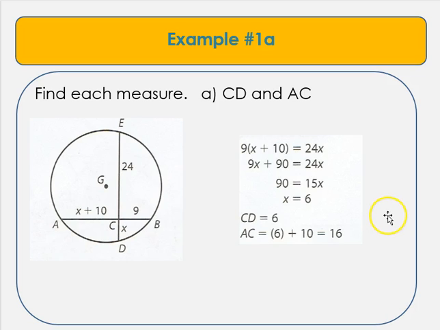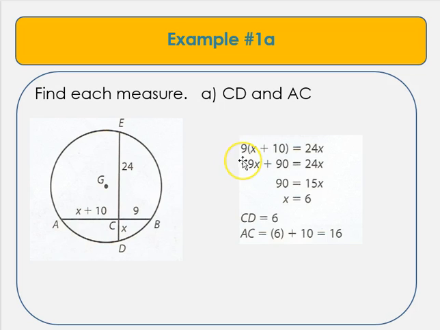So let's take a look at example 1. I split it into 2 parts. Find each measure, and A asks us to find CD and AC. Knowing that we can multiply these pieces of the chords together, we can multiply 9 times x plus 10, and that will equal the 2 pieces of the other chord, 24 times x.